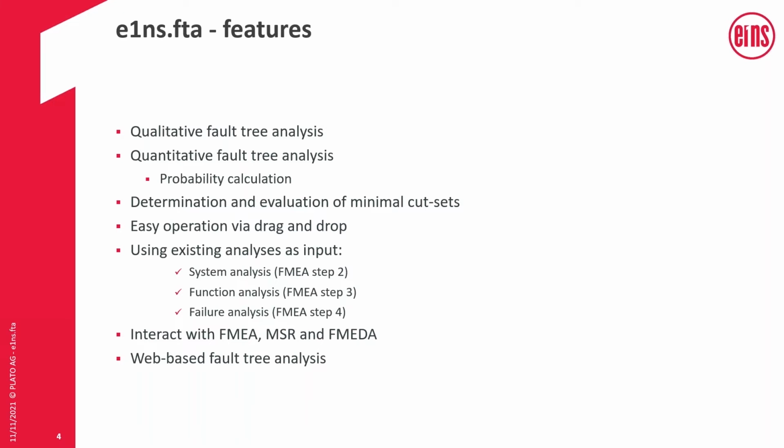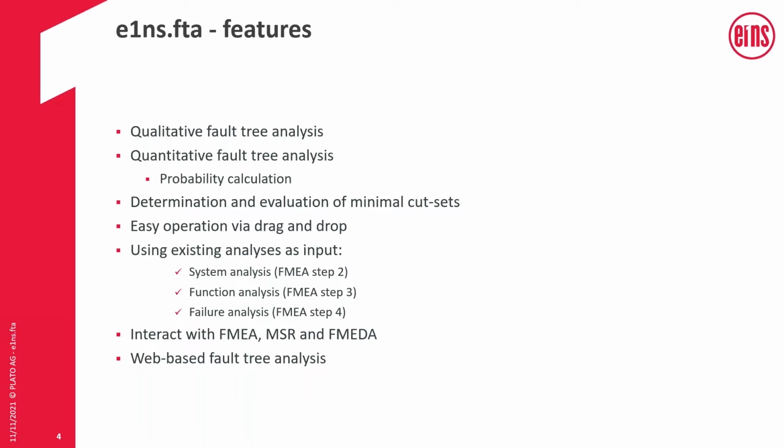Then we also, of course, can use a quantitative fault tree analysis, adding probability values to our faults within the tree, and then calculate the probability of failure for the top event of our tree. The determination and evaluation of minimal cut sets can be done, and everything I think works easily using a lot of drag and drop functionality.